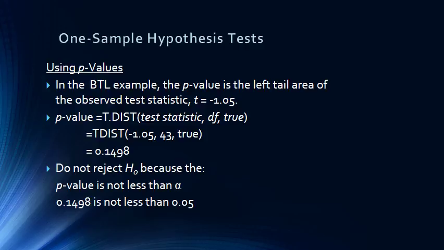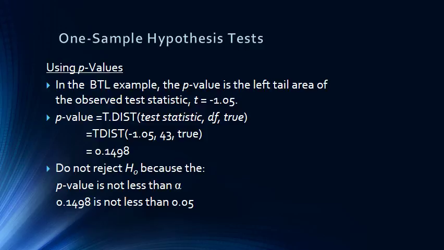So the observed sample mean produced a t-statistic of negative 1.05. We use the t-distribution calculator to find p. It gives us 0.1498, which means we could expect to find a sample mean of 21.91 or smaller in 15% of our samples if the true population mean were 25.